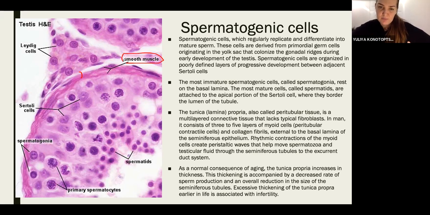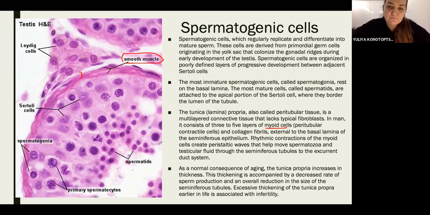That's what's weird, because in lamina propria, we should have fibroblasts with collagen fibers. But here we have smooth muscle cells. And these smooth muscle cells are called myoid cells. You'll call them myoid cells. What's the purpose for these myoid cells? Well, they'll contract and make sure that spermatozoa within the testicular fluid are being propelled along the entire pathway, right?